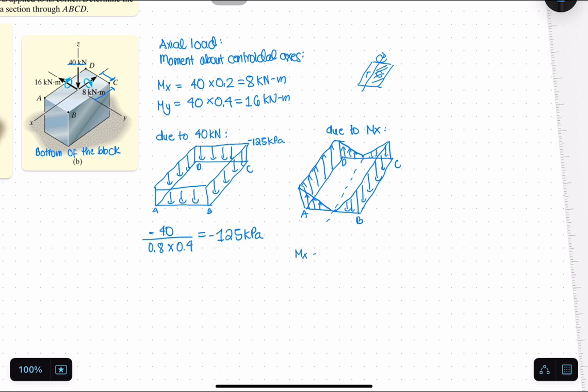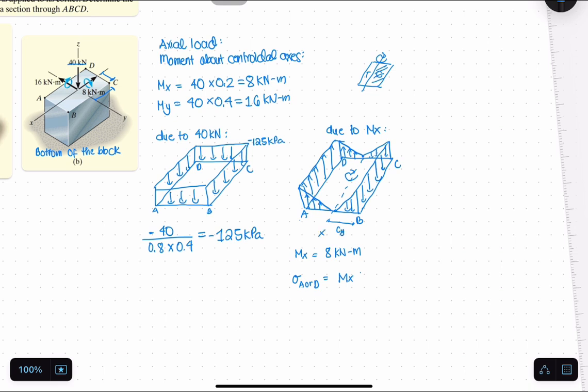But, ang Mx natin, di ba alam natin, 8 kilonewton meter yan. Okay? So, ang kailangan natin actually is yung sigma at A or D, di ba that is the Mx times, positive siya, Mx times, ano yung c natin? In this case, c, ito, Cy.